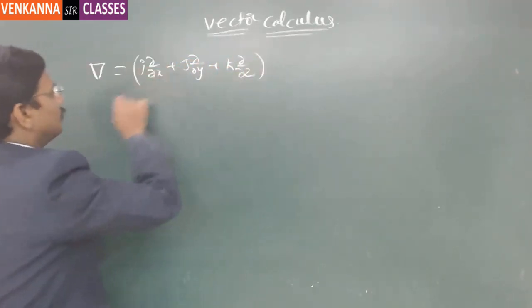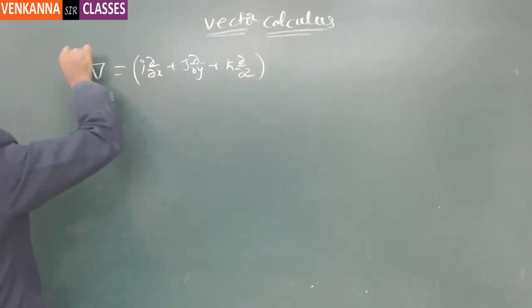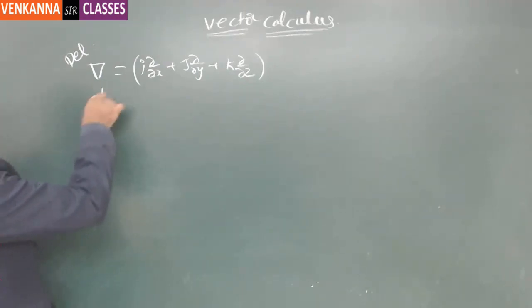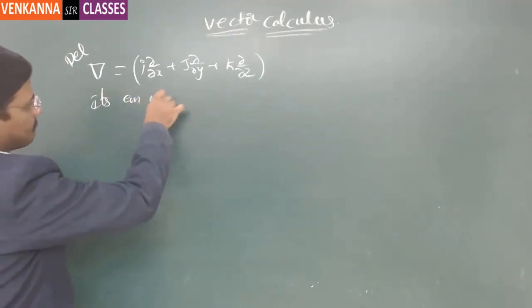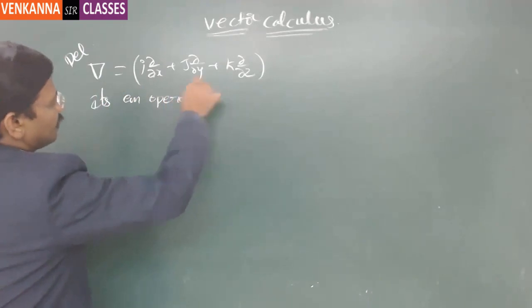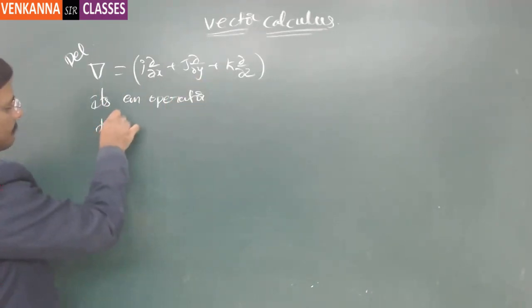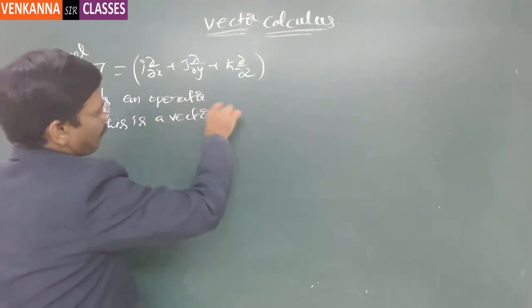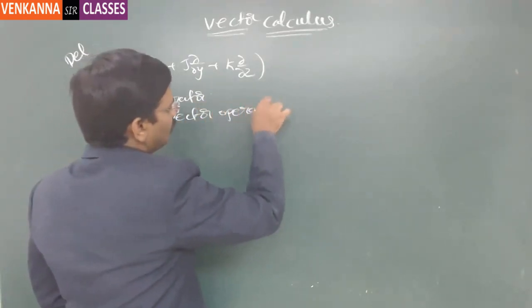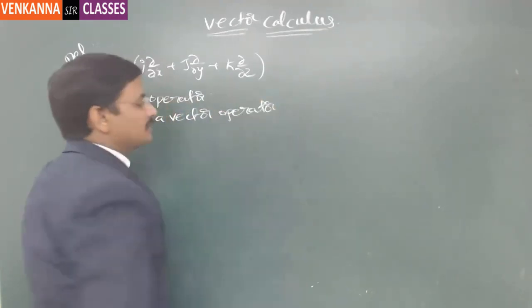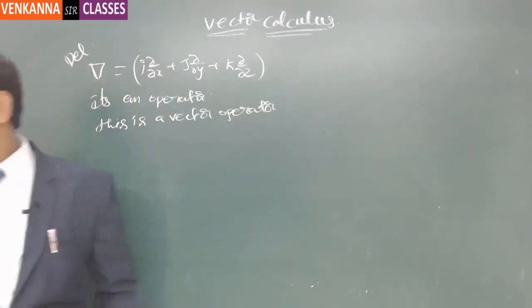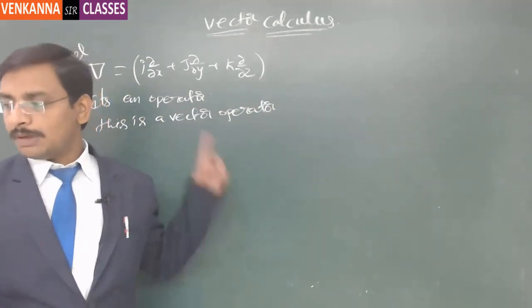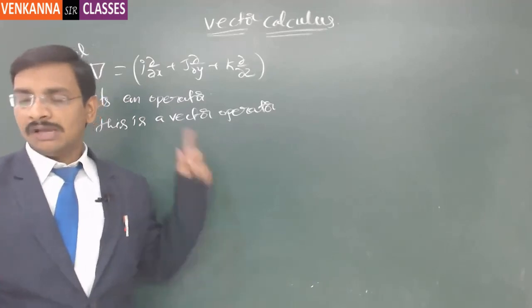This is termed del. It is an operator, and it is a vector operator. By a vector operator, we mean it can be treated as a vector, so all the vector properties of cross product and dot product are applicable here, right? So this is a vector.